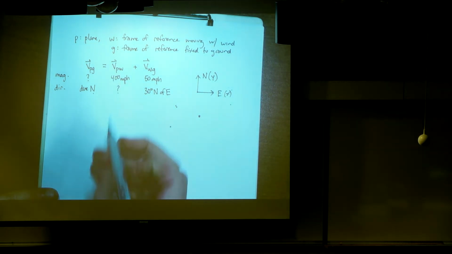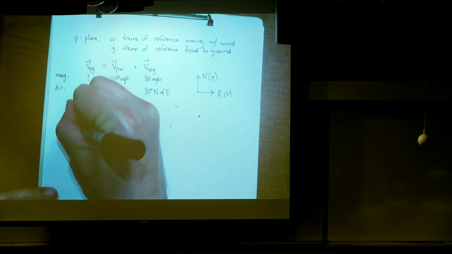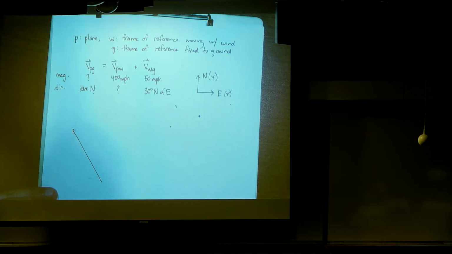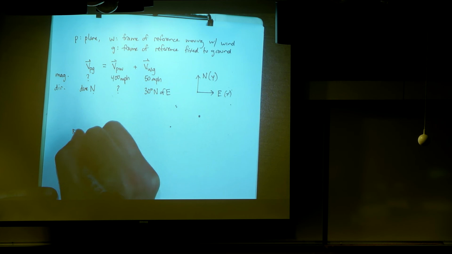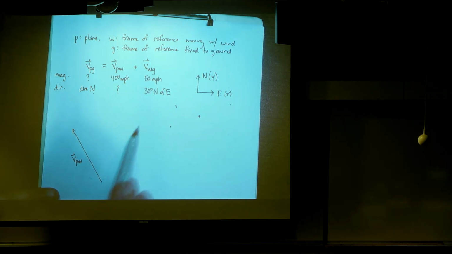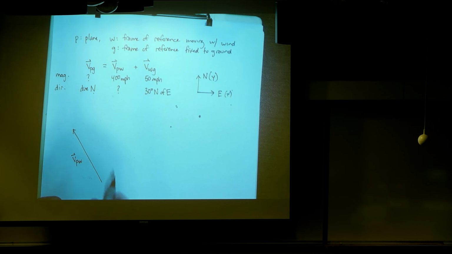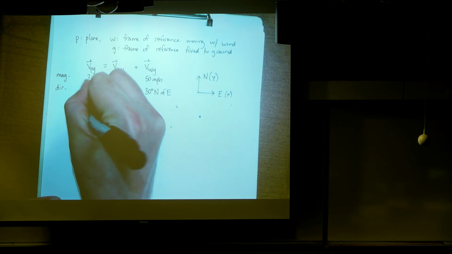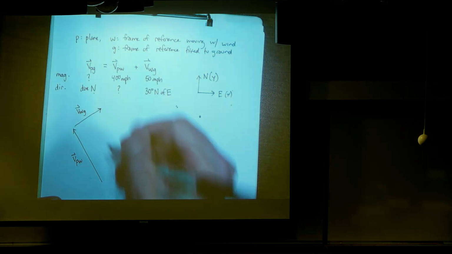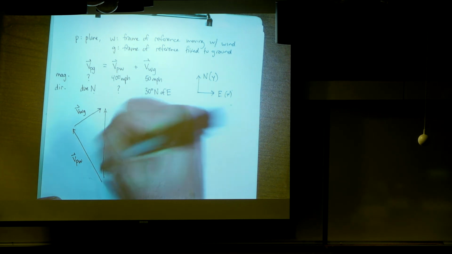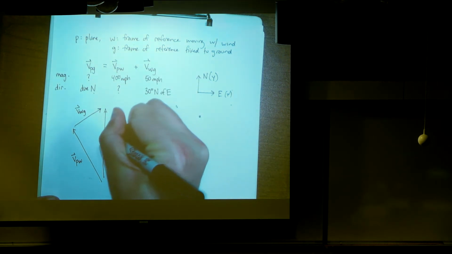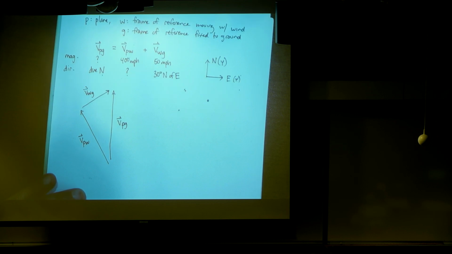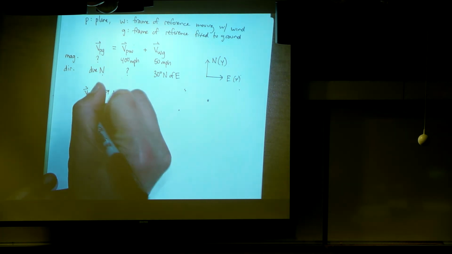So the velocity of the plane relative to the wind, I'm going to claim that this has to be in the second quadrant, somewhat like this, so that when we add it to this vector, which is the wind relative to the ground, that's in the first quadrant, something like this, that can give us a resultant vector that's pointing due north, which is exactly what we want to happen, okay? So we agree that's what the vector addition should look like? Yeah, kind of?